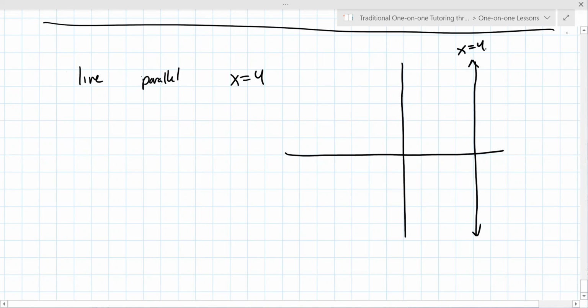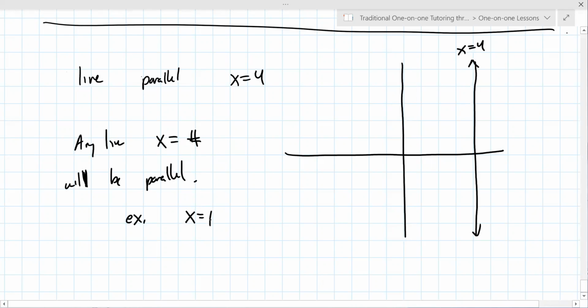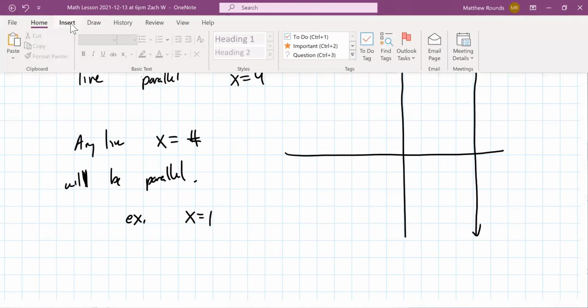Okay. So parallel means it goes up and down in this case, because this is already vertical. So any line x equals a number will be parallel. For example, x equals 1.